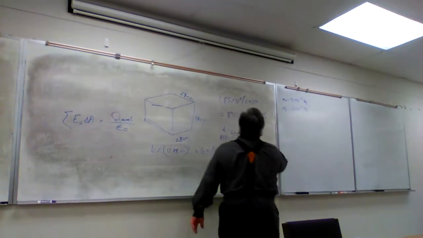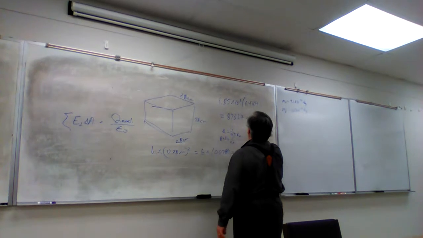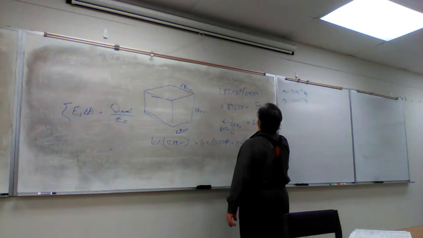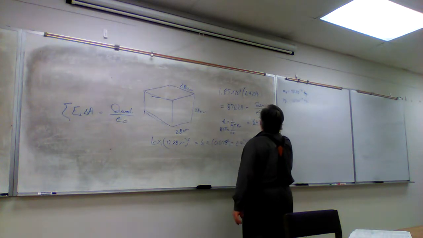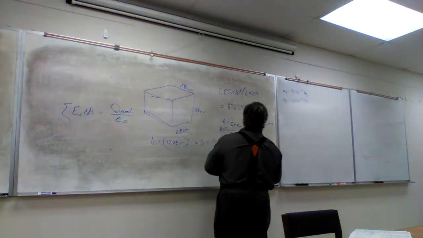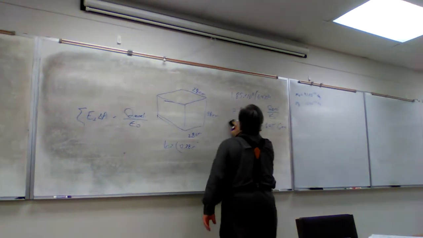In this case, why don't we just multiply k times 4 pi times q enclosed. Get rid of some of this other stuff.